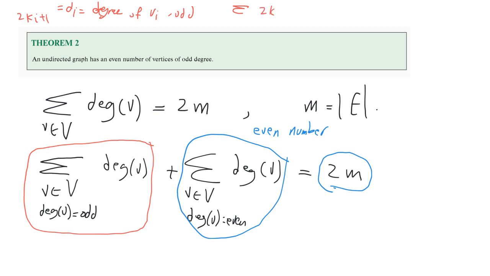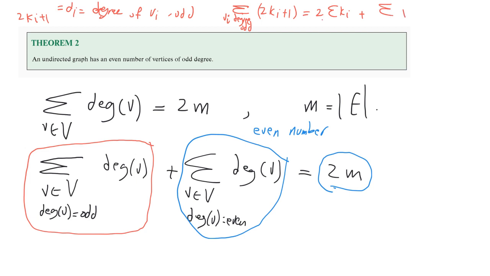Then this is sigma of 2ki plus 1 over some terms. So let's say these are all over vi with degree odd. Then this is 2 sigma ki plus sigma of 1.